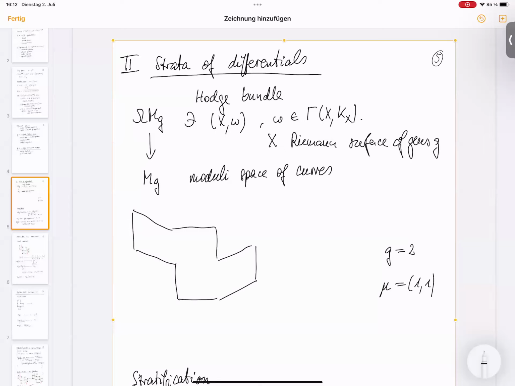A polygon is certainly not a genus 2 surface, but if I identify sides by parallel translation, for example, I glue this side to this side, I glue this side to this side, number 3 to number 3, number 4 to number 4, number 5 to number 5, then I already have a closed surface.